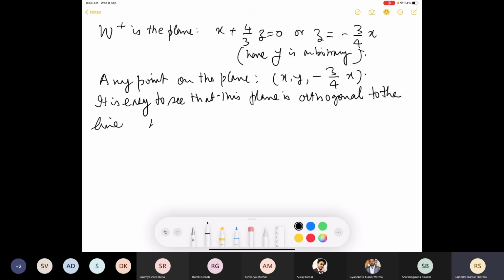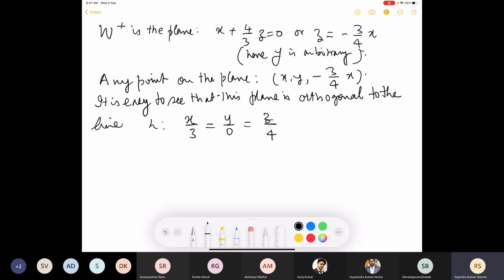What was the line L? The line was x by 3, y by 0, and z by 4.